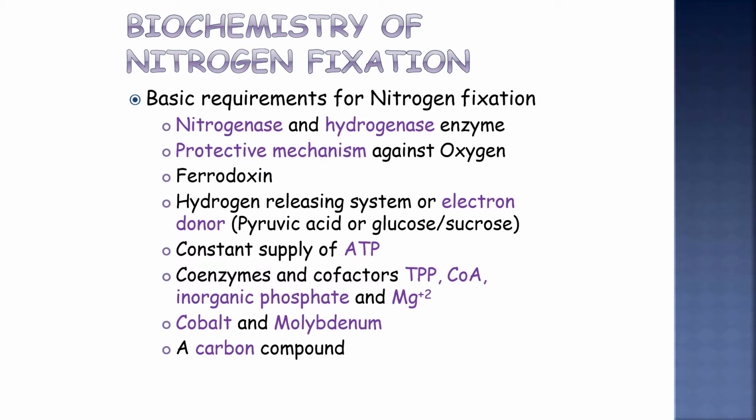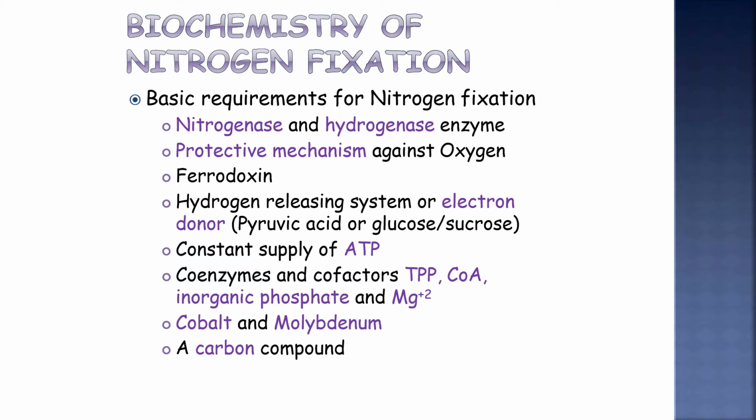So students, we would like to study about the biochemistry of nitrogen fixation. Basic requirements for nitrogen fixation are the nitrogenase and hydrogenase enzymes. Then the protective mechanism against oxygen, ferredoxin, hydrogen releasing system or electron donor, that is pyruvic acid or glucose or sucrose.